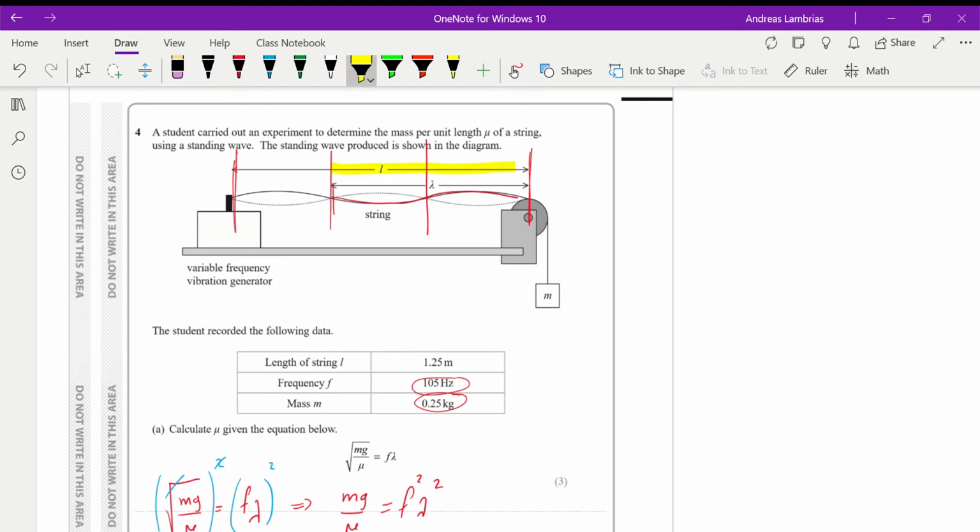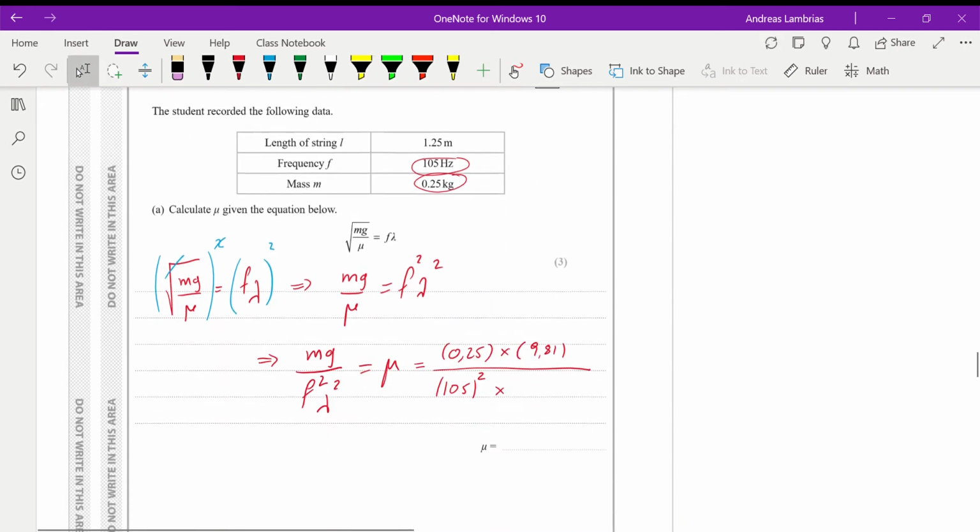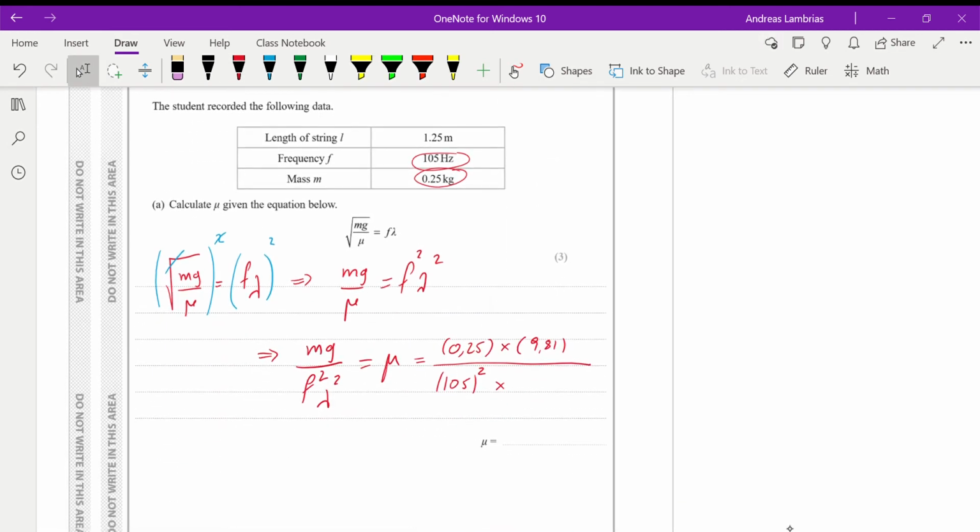So for lambda we'll say that it's 2/3 of the length of the string, which is 1.25, and that will be squared. You can pause and do the calculation on your calculator, and you will get an answer of 3.2 times 10 to the power of -4. And this is mass per unit length, so the units will be kilograms per meter.